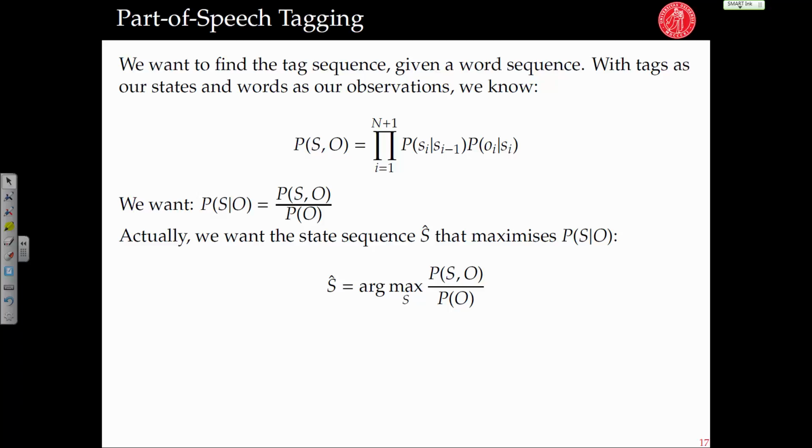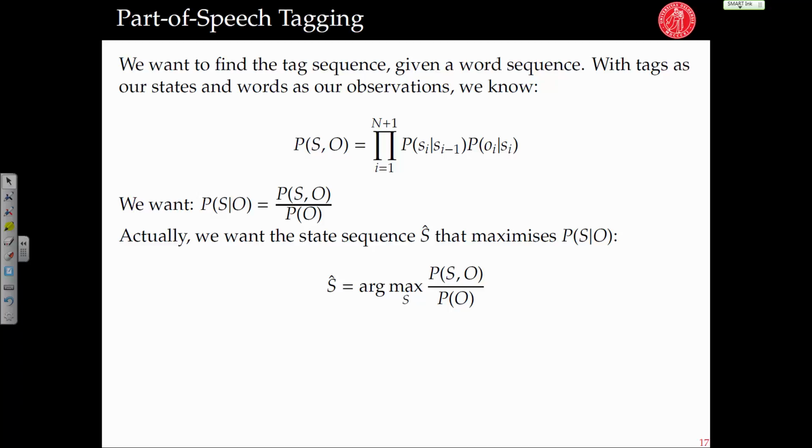The search will generate all possible S, plug them into this equation, and pick the one that returns the highest value of this term. You could have argmax, argmin, etc. Argmax is defined on a variable, and that variable is S. So this S we are changing and changing until we find the one that maximizes this term.